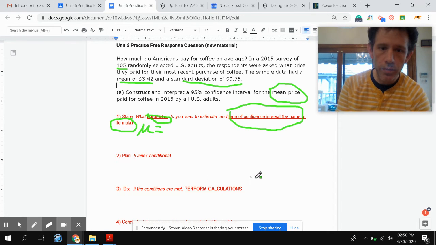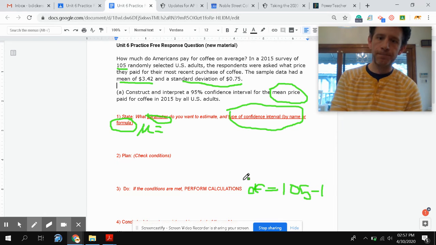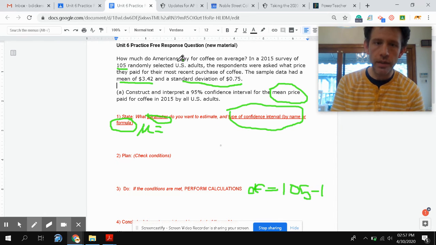So when I do my calculations here, my df is going to be 105 minus 1, which is 104. So you can do that calculation.